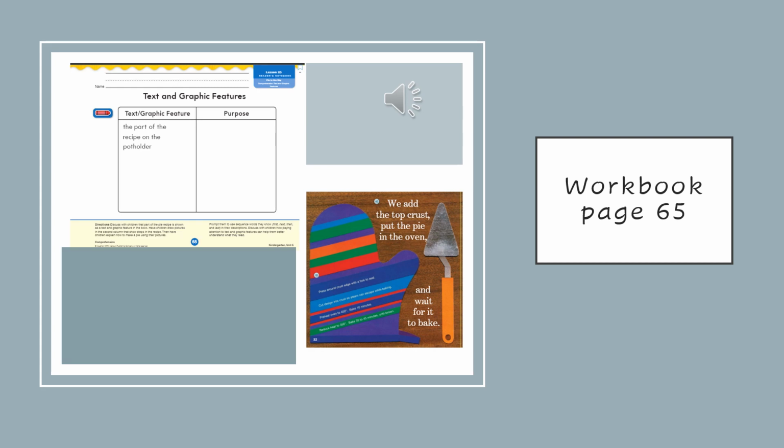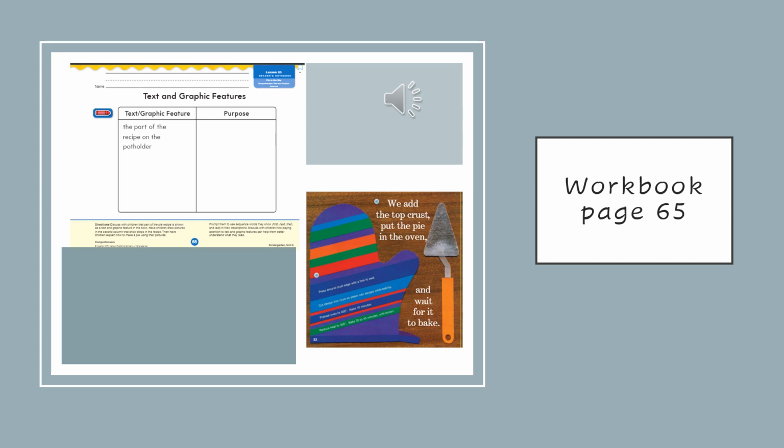But it is a recipe, and it does have all the steps that they followed to make the pie. And the story was about making pie and the steps to make the cherry pie. So I guess the pot holder was a good idea as a text and graphic feature, because both of them showed us the steps or the sequencing in making a pie, right?